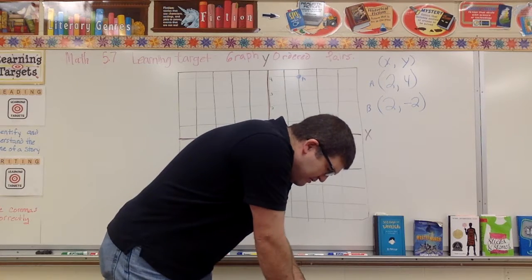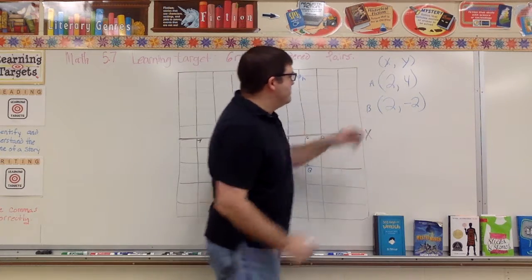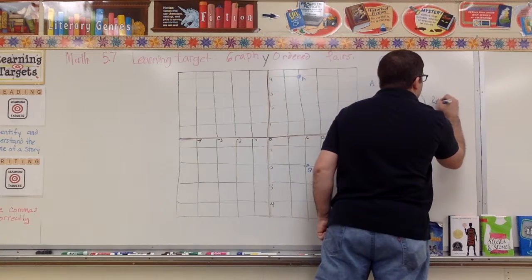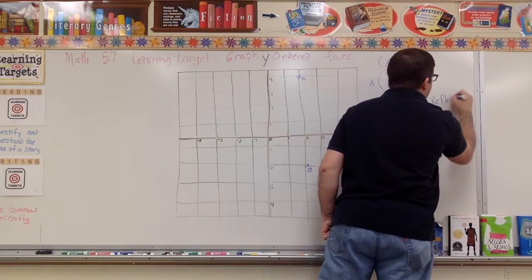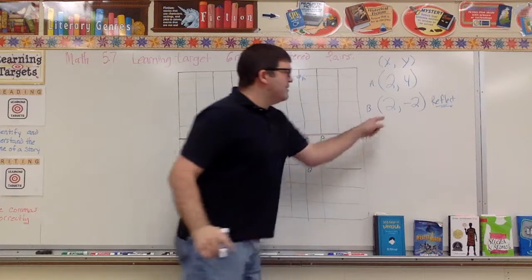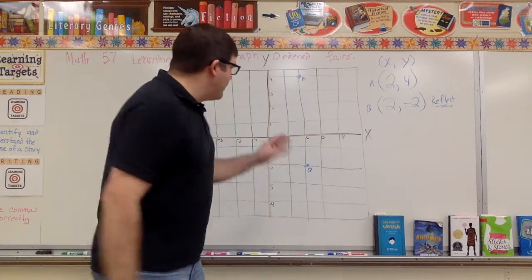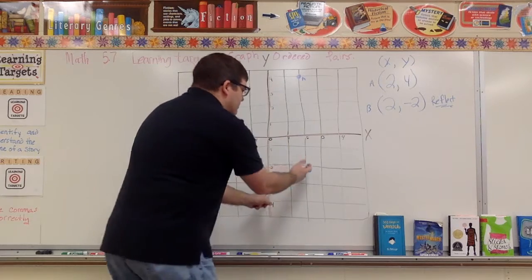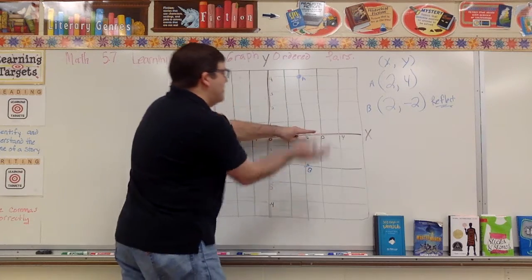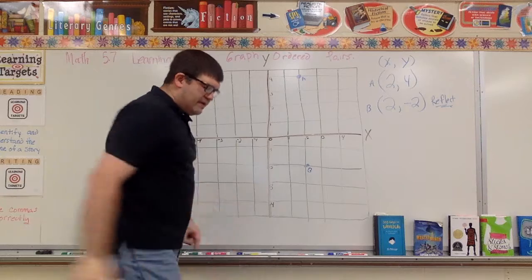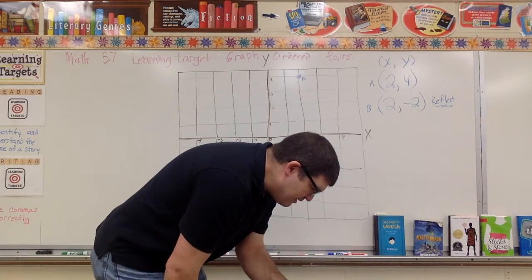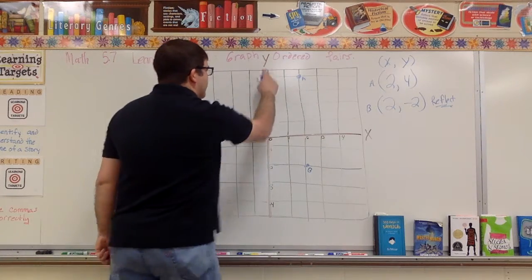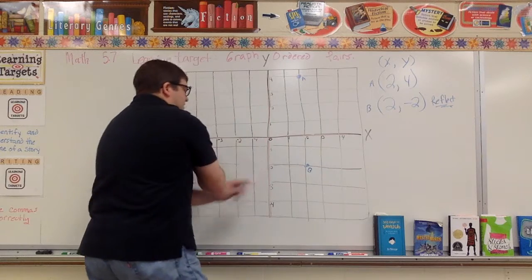He reflects 2, -2. So he's going to reflect B. Now, is he reflecting it across the Y, so is he going this way? Or is he reflecting it across the X? Let me read. He reflects it across the Y. So here's my Y. It's reflecting this way.